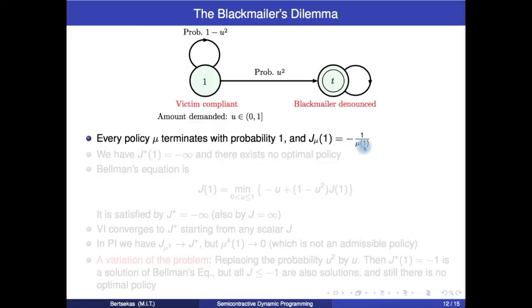So if mu sub 1 is chosen very close to 0, then the corresponding cost of the policy is very negative and approaches minus infinity as mu sub 1 goes towards 0. So we have an optimal cost of minus infinity, but there is no policy that attains this cost.